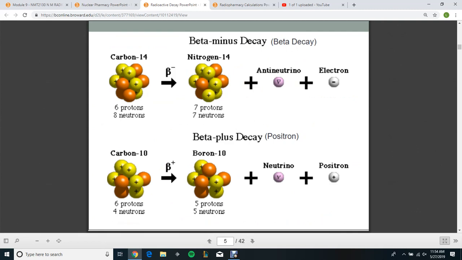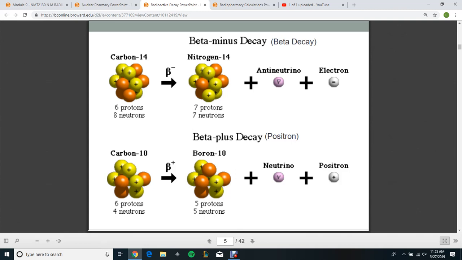So here we have the image of beta minus decay. You start with carbon-14, which has 6 protons and 8 neutrons, and then the beta minus decay turns it into nitrogen-14, which has 7 protons and 7 neutrons, but it also releases an antineutrino and an electron.